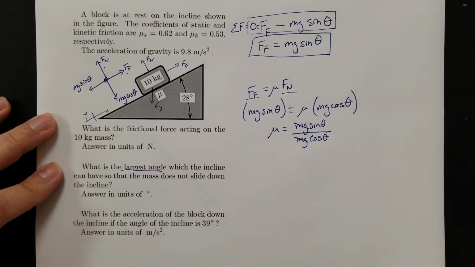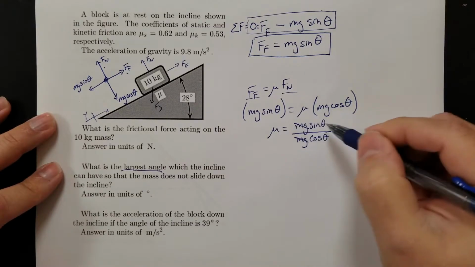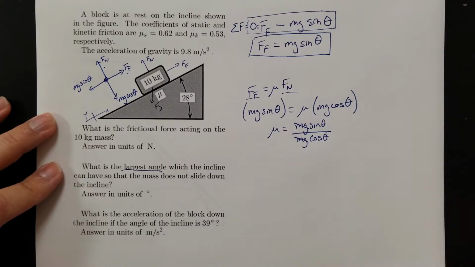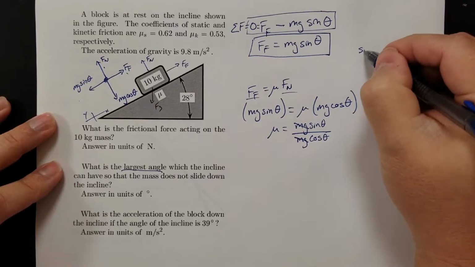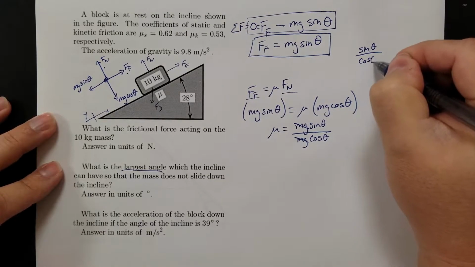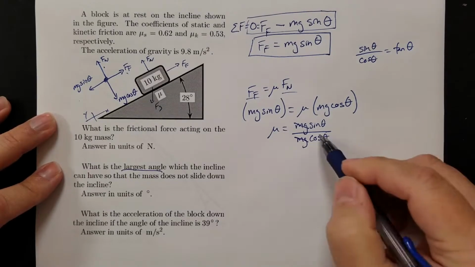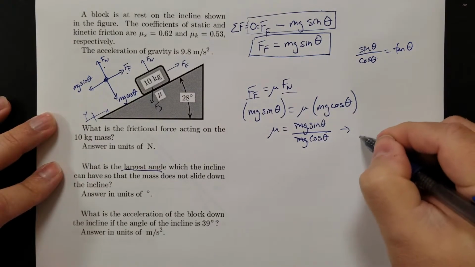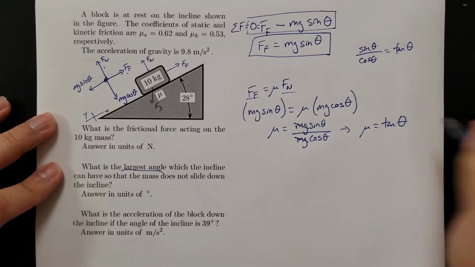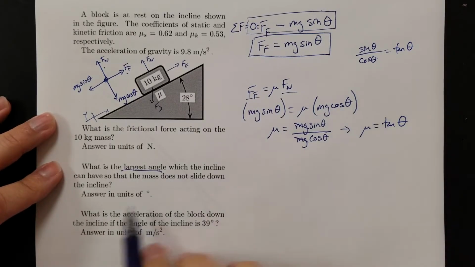Mg cancels out, so I have mu equals sine theta over cosine theta, and maybe you know, maybe you don't know, sine theta over cosine theta equals tangent theta. So this gives me mu equals the tangent of the angle, right? And that's great and all, but I want the angle.